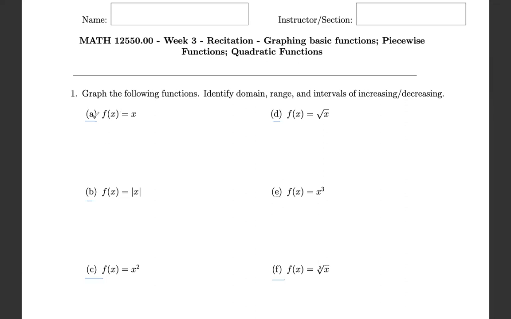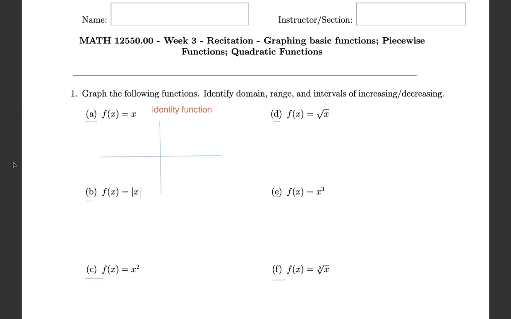So the first function we call identity function. So the graph looks like this. The graph cuts the first quadrant and the third quadrant into half. So let's see, this is our coordinates.